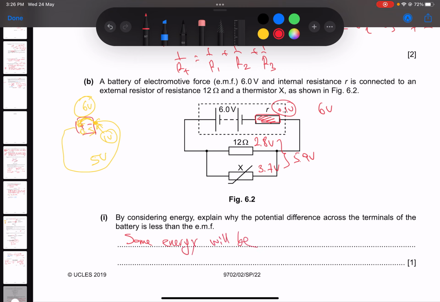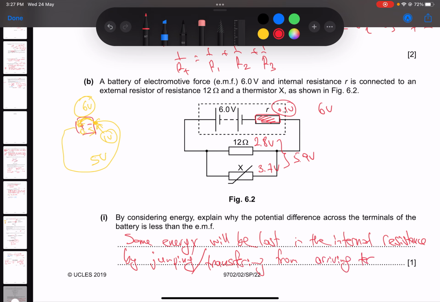in the internal resistance by jumping from one terminal, or you can simply call it transferring from the arriving terminal to the leaving terminal, let's say.